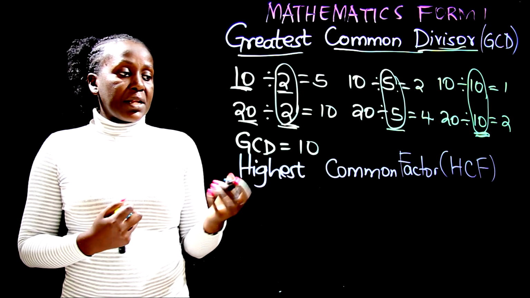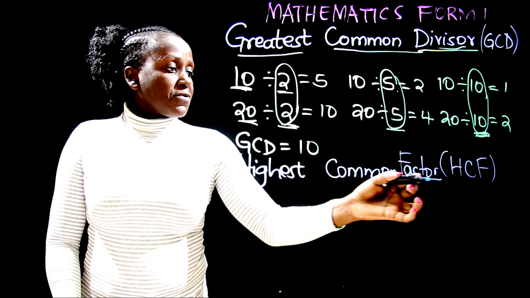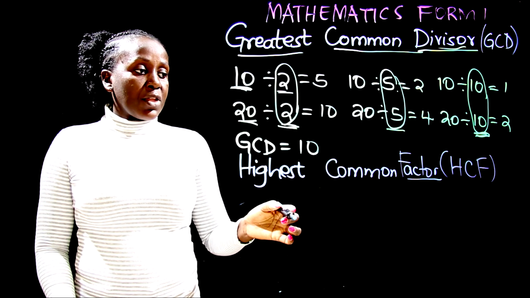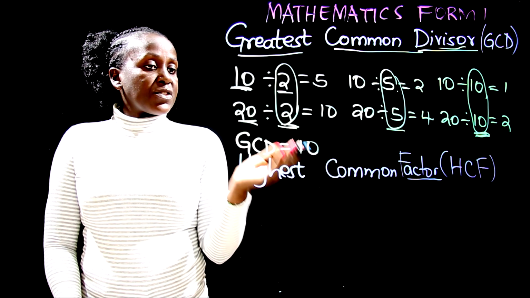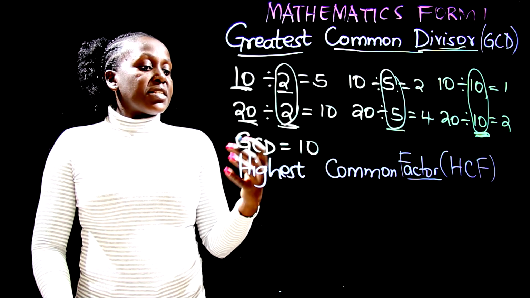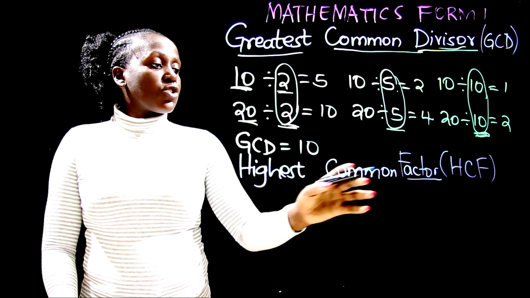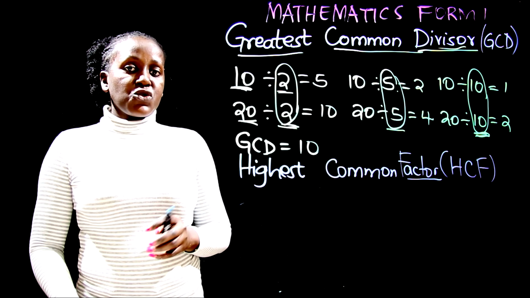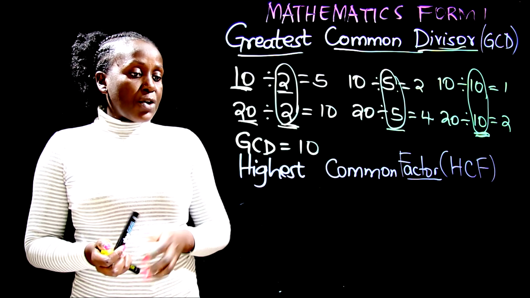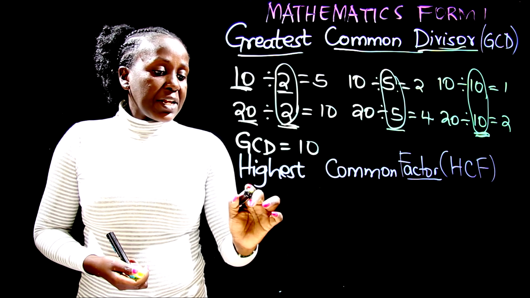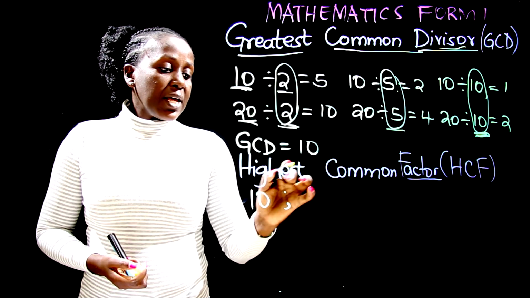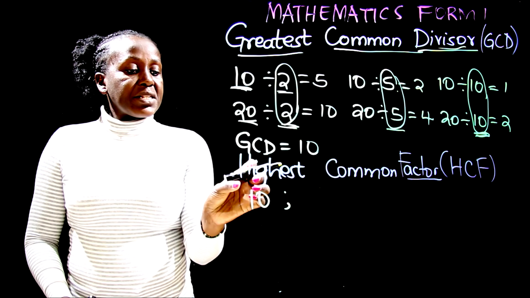But what does this mean? So remember we talked about factors, okay? So we are going to test using 10 and 20 and see if we can identify the highest common factor between the two numbers.